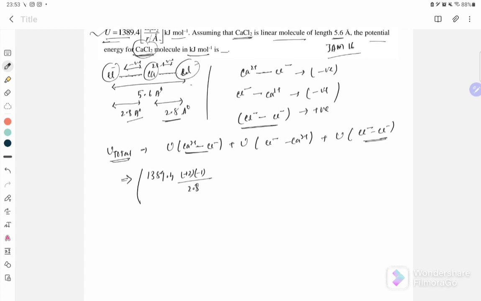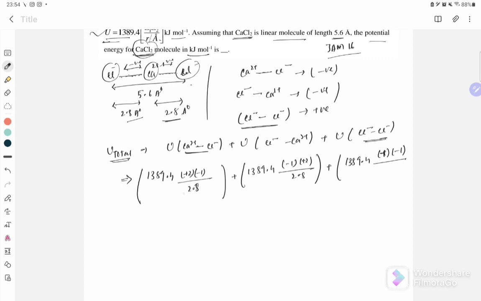This is given in angstrom. Plus 1389.4 for the other Cl minus, minus 1 plus 2 by 2.8, plus U for this one, 1389.4 times minus 1 by 5.6.